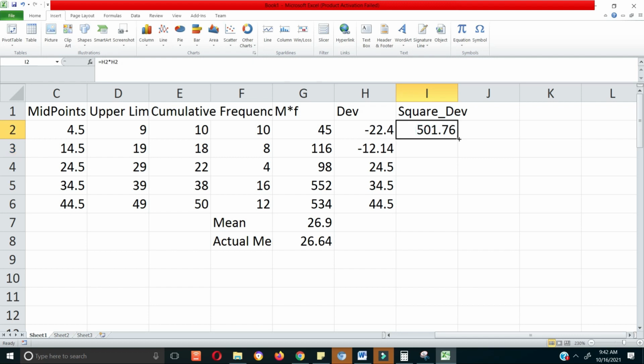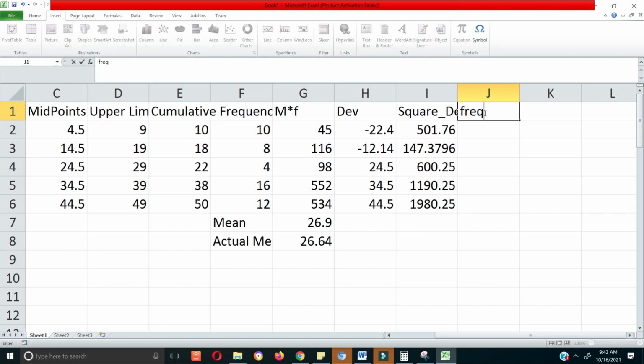Then you're going to get the frequency times the square deviations. So you end up with that times the frequency, right? And this is going to give you that.